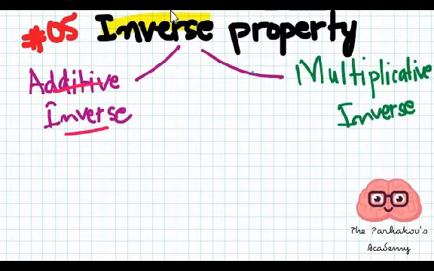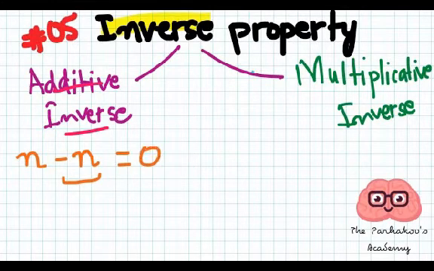So we can generically write it as, if n is any number, then negative n is going to be the additive inverse of it. And when they are added together, it would give us 0. Let's see one more case.